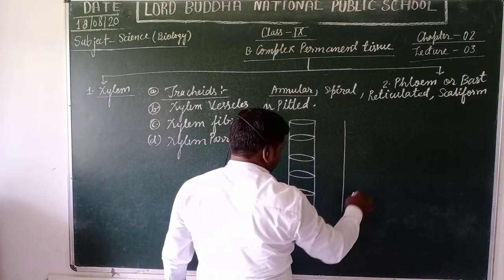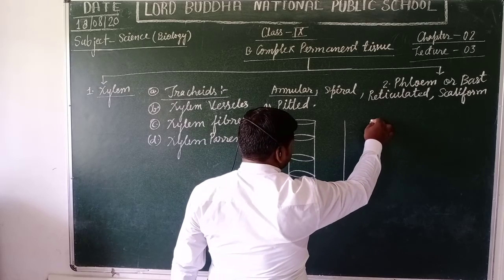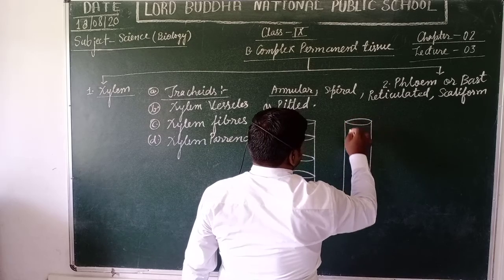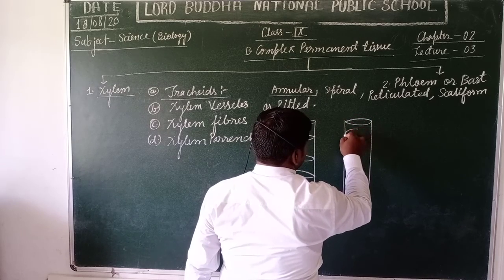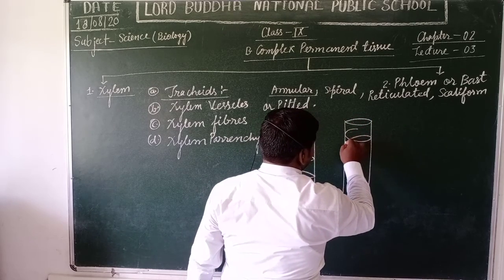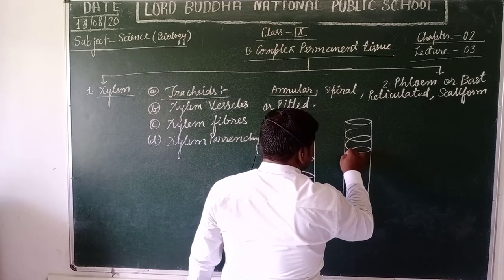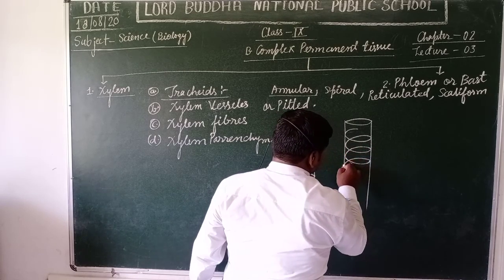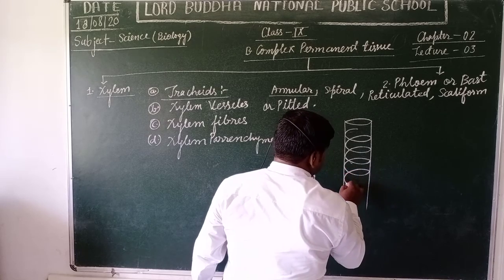Now we are going to the spiral type of tracheids. The spiral types of tracheids are interconnected with one another just like a string, or you can say a stretched spring.